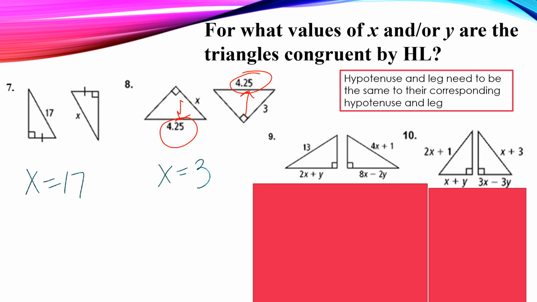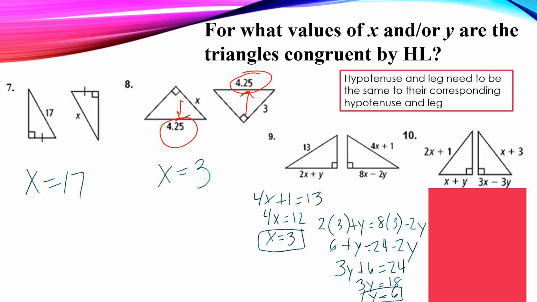Now 9 and 10 are a little trickier, but you just have to think about which would be the easiest one. Looking at 9, 13 and 4x plus 1 are the hypotenuse. So my easiest thing to do here would be to solve for x first. So I'm going to do 13 equals 4x plus 1. Then I'll deal with the other stuff later. So I did right here, 4x plus 1 equals 13, 4x equals 12, and then x equals 3.